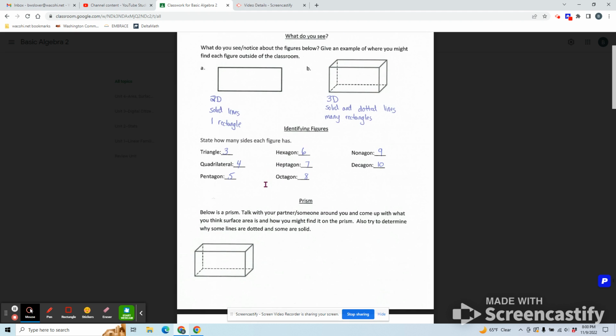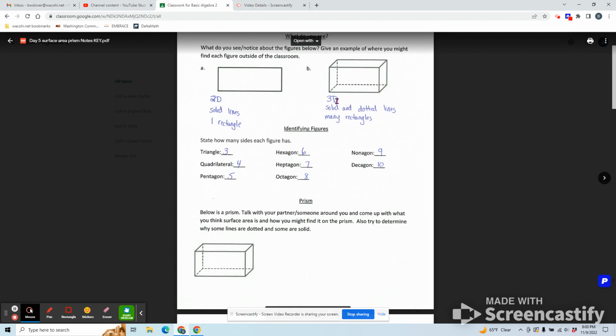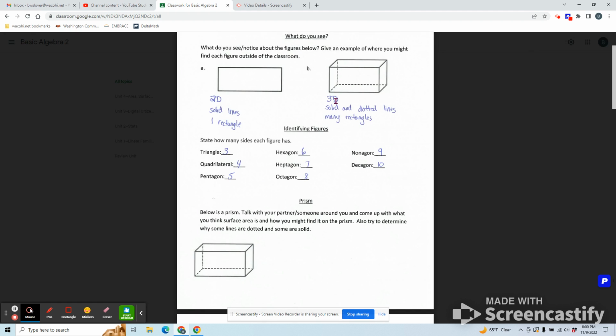Identifying your figures. Since we're moving away from two-dimensional to three-dimensional, we do need to know how to name these figures, because that's going to help us in identifying which formula to use to find the surface area or eventually the volume. And typically we name them by their base. So we need to make sure we understand what some of these might be called, named based off their base.